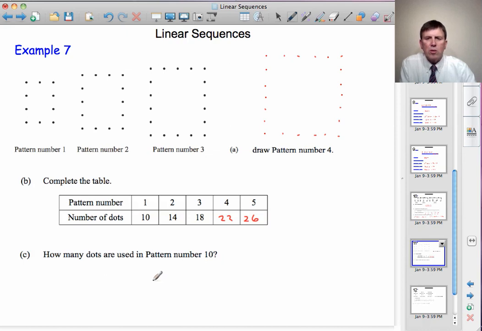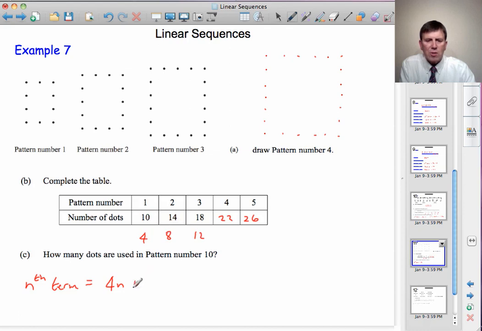How many dots are used in pattern number 10? Well, we've got 2 choices here. We could find the nth term. Let's do that first. The nth term, it's going up in 4s, so we'll have 4n in the formula. That gives me the 4 times table. What would I have to do to get 4 to 10, to get 8 to 14?